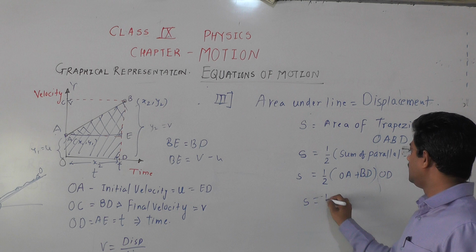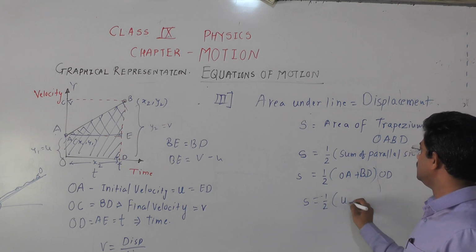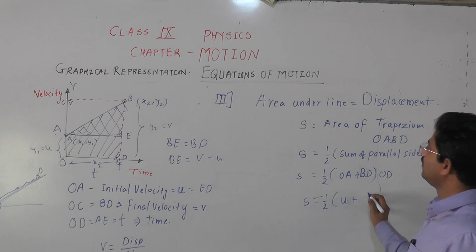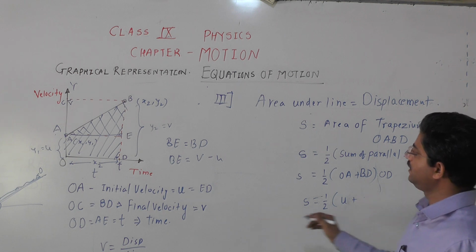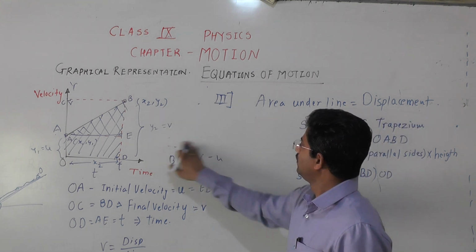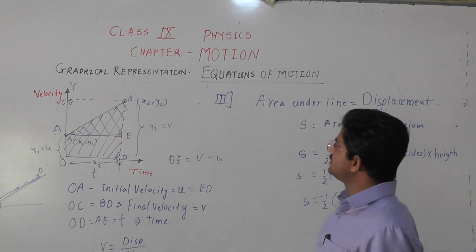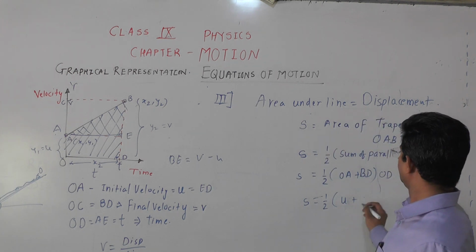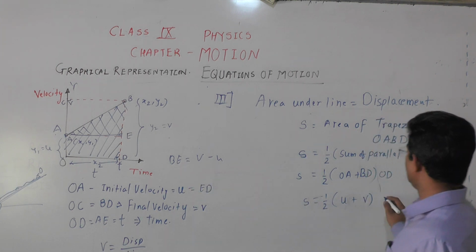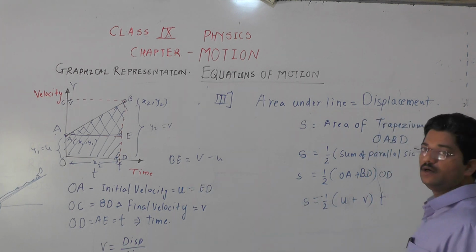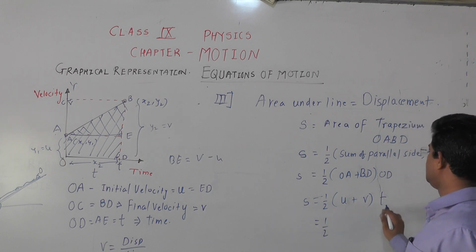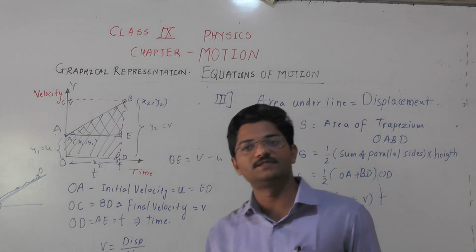Now substituting the values: 1/2, OA is U, plus the value of BD. We already know that the value of BD is V, into OD. OD value is T. So here, 1/2 (U plus V) into T. Again we are going to take the help of the first equation of motion.